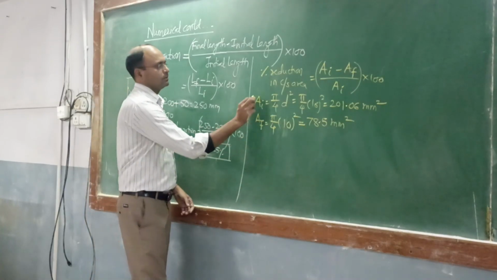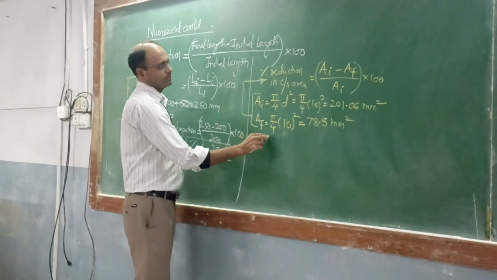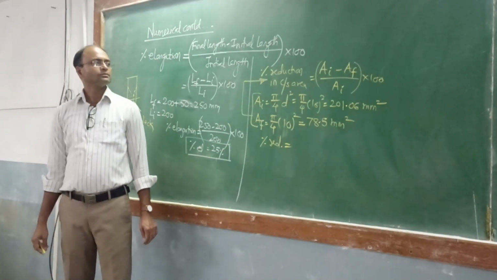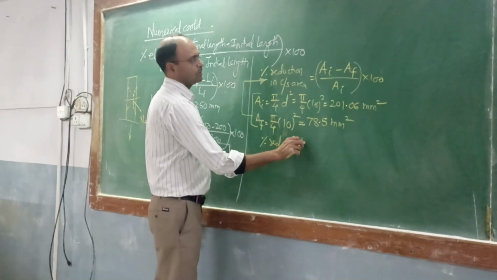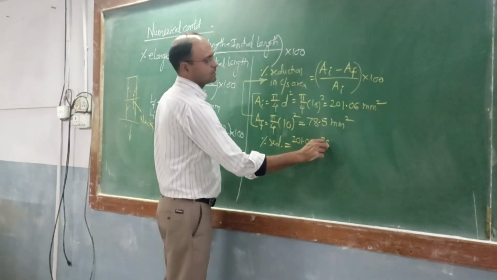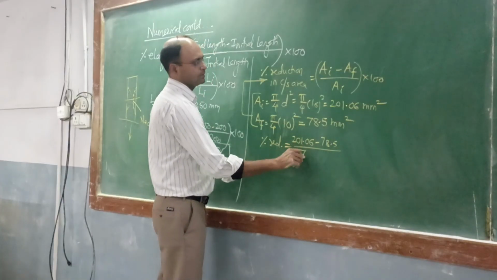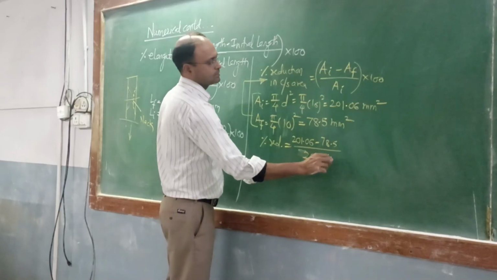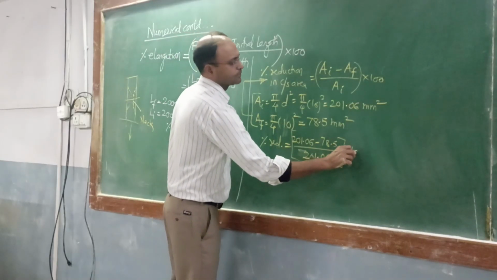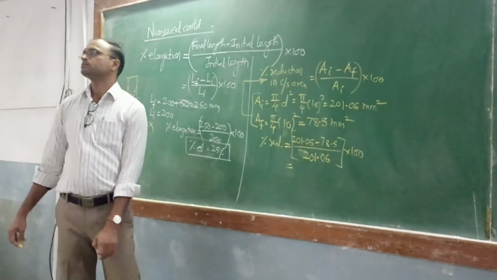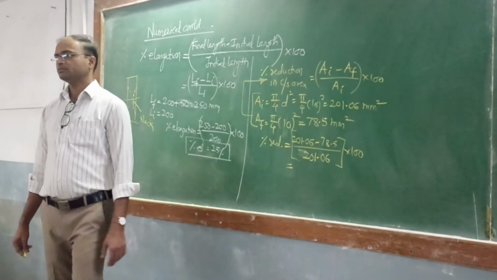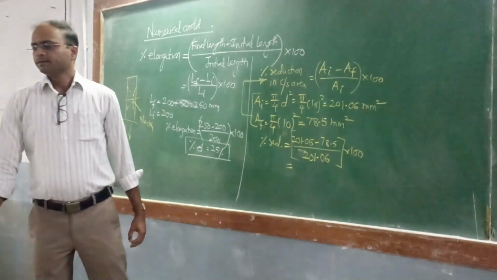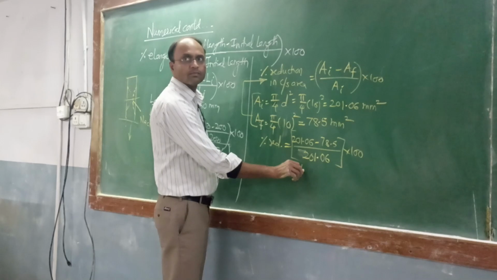And putting both these values in our equation, percentage reduction is equal to 201.06 minus 78.5 divided by initial, not 78, 201.06 into 100, which is equal to 60.93.